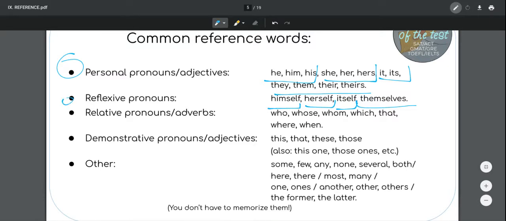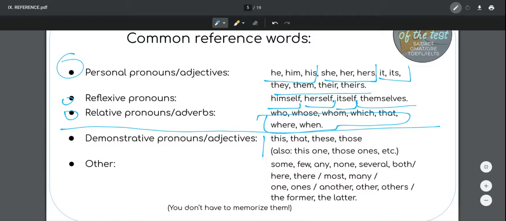We have the relative pronouns and adverbs: who, whose, whom, which, that, where, when. You may have some problems with that. Don't worry too much about it. You will practice and you will notice it. We have the demonstrative pronouns: this, and so on. Up to here, everything until number 3 matches with a specific thing, right? You know, he is referring to John or Jonathan or Josh.